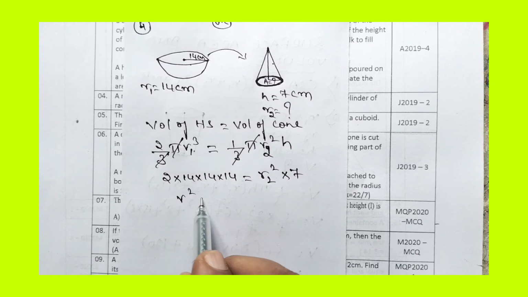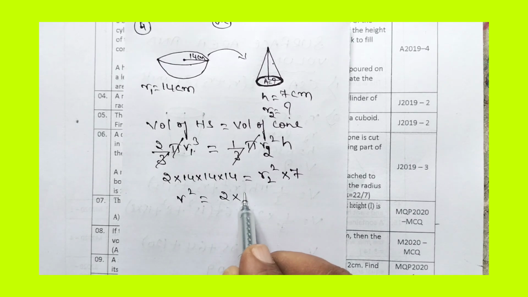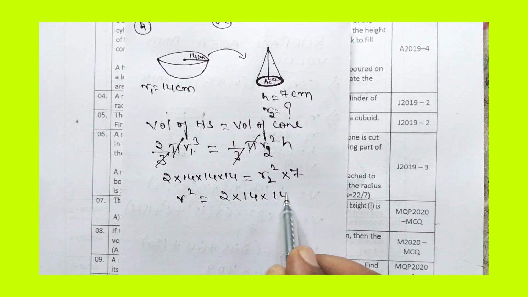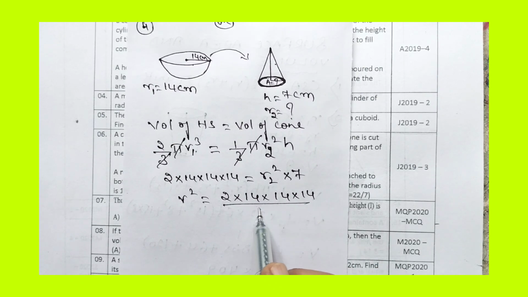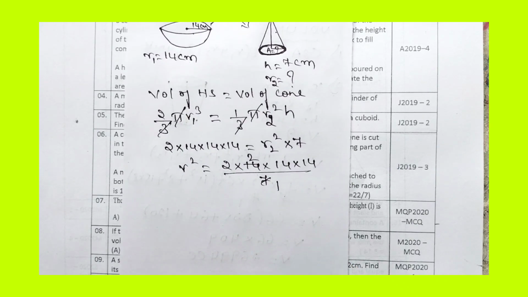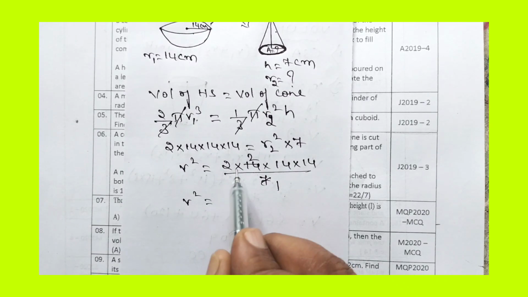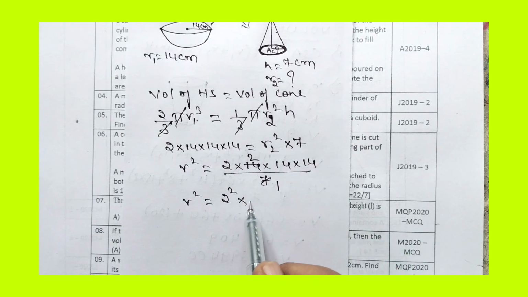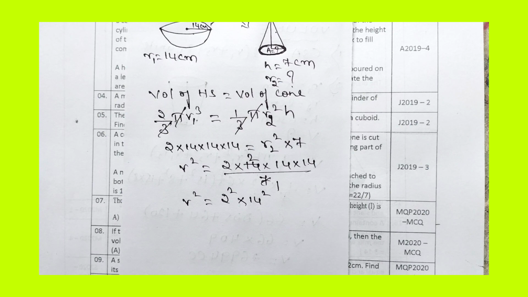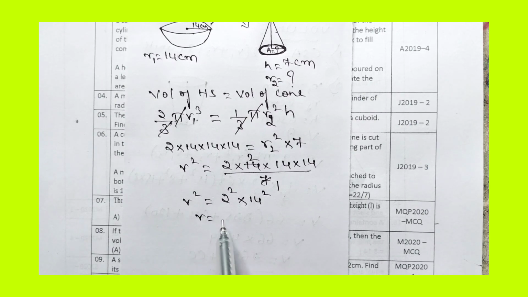So r2 square is equal to 2 into 14 into 14 divided by, you bring 7 to the denominator, 7 ones are 7 twos. So r square is equal to 2 how many times? 2 times 2 to the power of 2. 14 how many times? 2 times 14 to the power of 2. So r is equal to here 2, here 14.